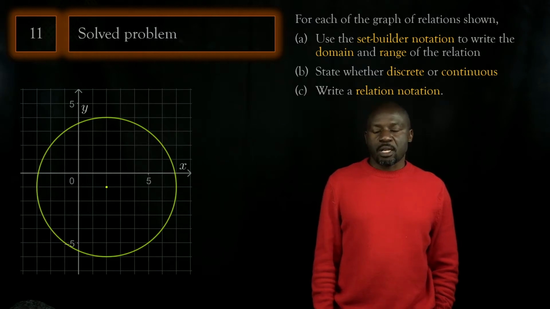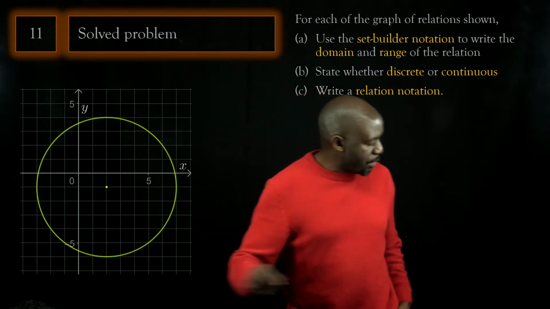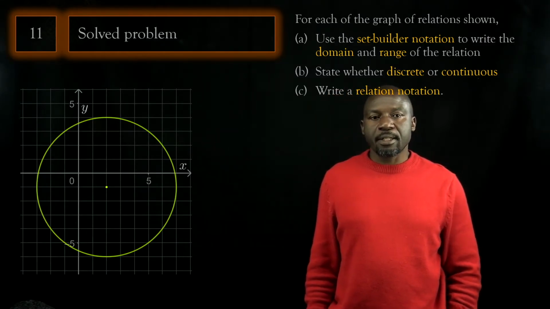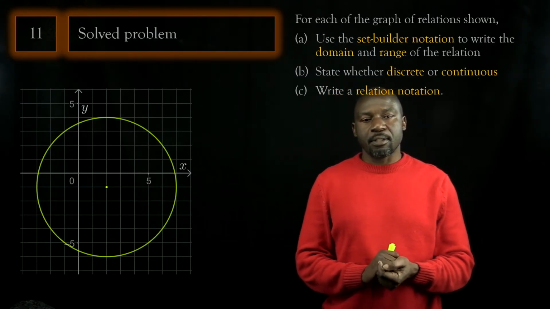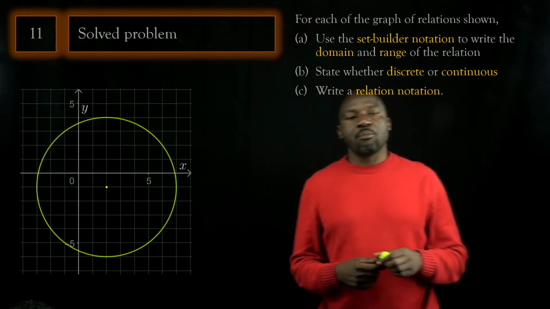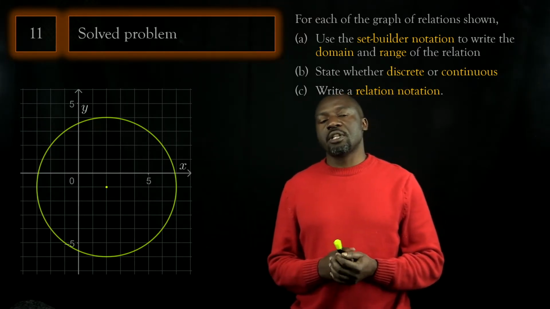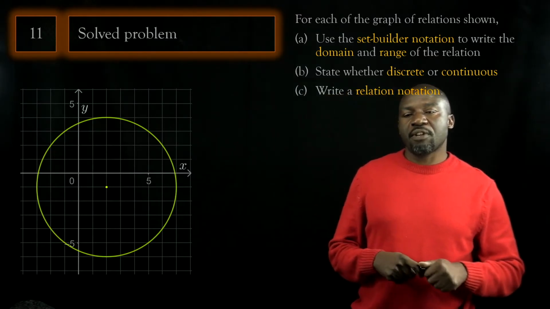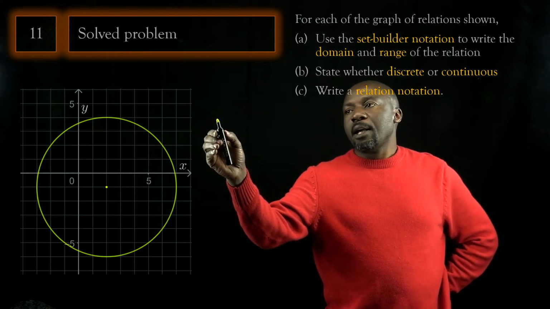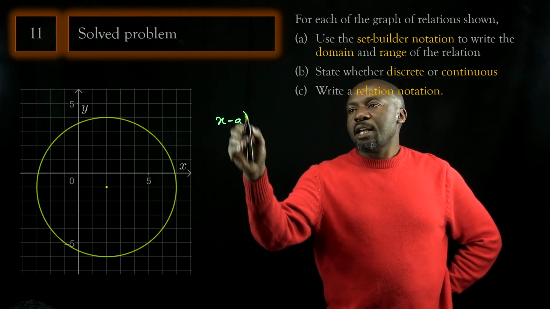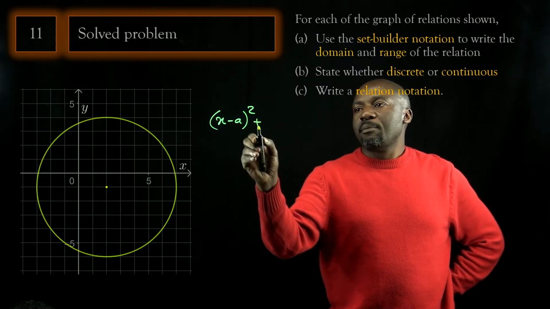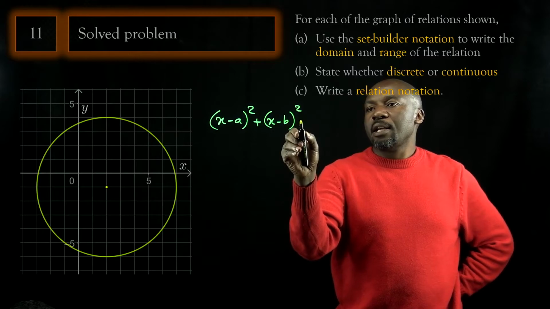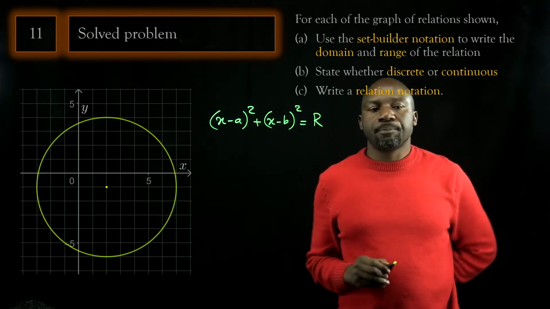Before we move on, I know that in the IB, for example, we do not study conics, which includes things like circles, ellipses, and so on. And because we don't do that, we probably don't know so much about the equation of a circle. But in general, the equation of a circle is given by (x minus a) squared plus (y minus b) squared equals r.